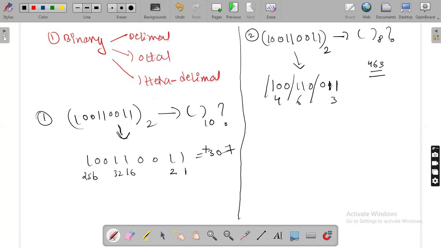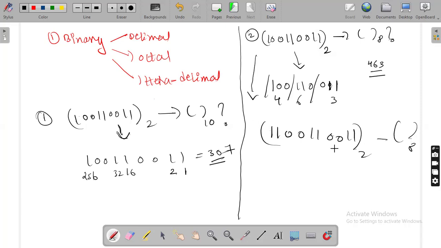In decimal, 307. But one more example I want to do here, as there is some confusion. What if the binary is like this: 1 1 0 0 1 1 0 0 1 1? This binary into octal, how to do it?